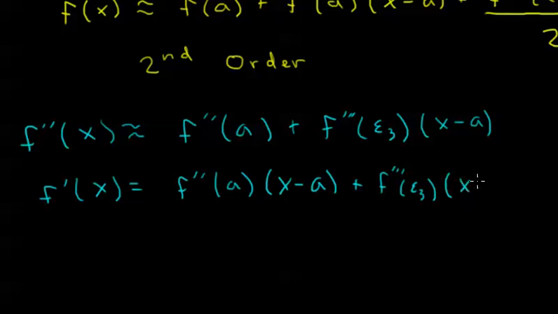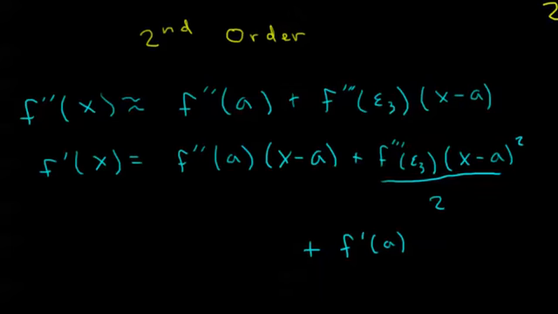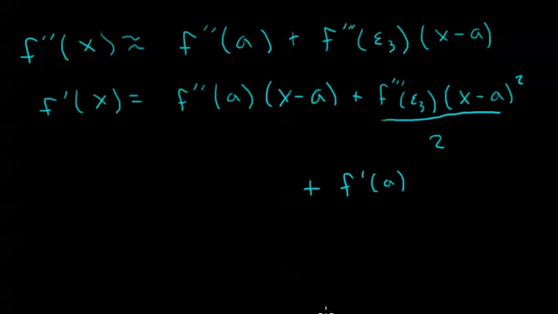So now we have an expression for f prime, and now we need to integrate again because we started with the third derivative. We need to integrate once more, and we'll get our third order approximation.